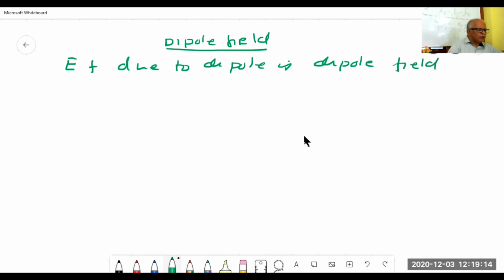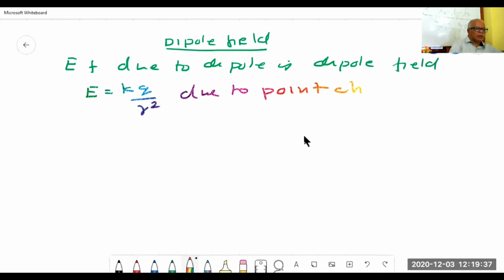Now we know the electric field due to a Coulomb charge: E equals kQ by R square, due to a point charge. So E is proportional to 1 by R square for a point charge.